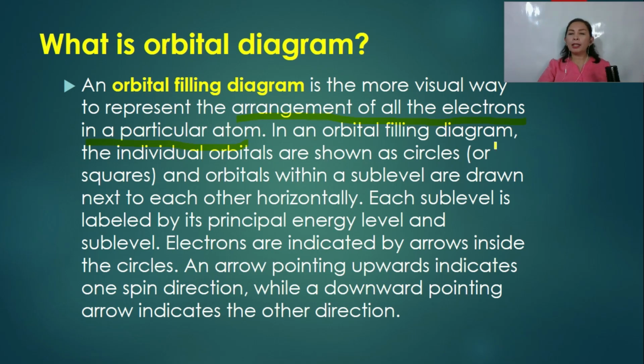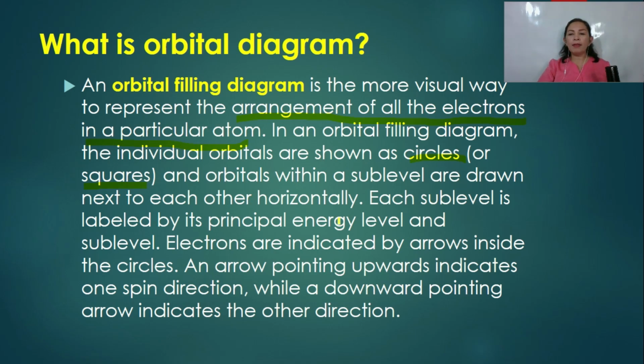In an orbital filling diagram, the individual orbitals are shown as either circles or squares. In my model a while ago, I used circles to represent the orbitals. In a later part, you might see squares.